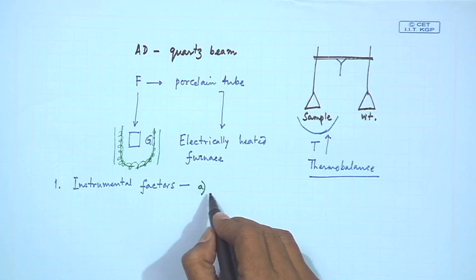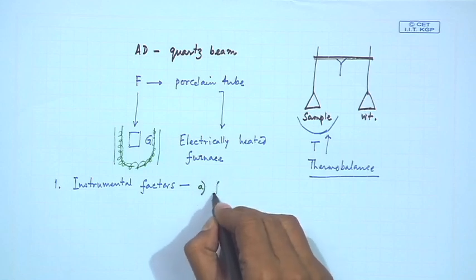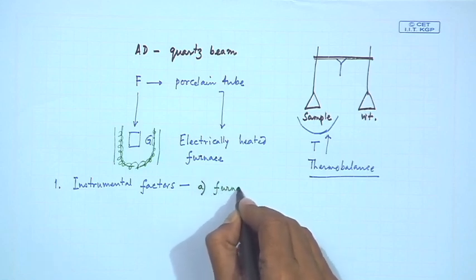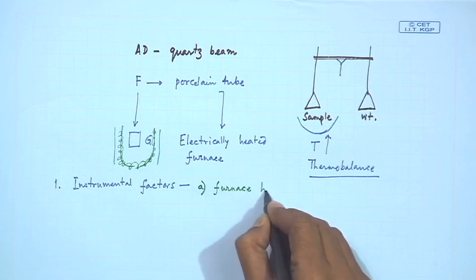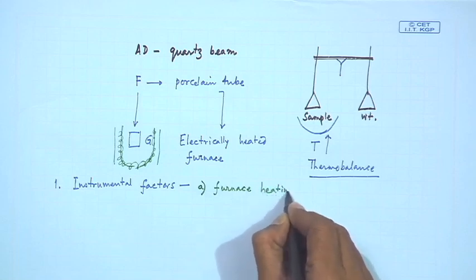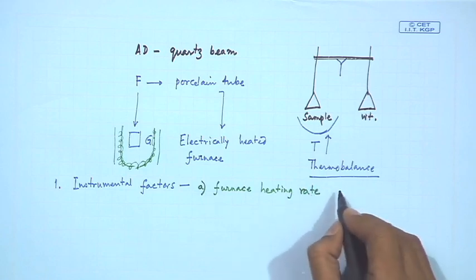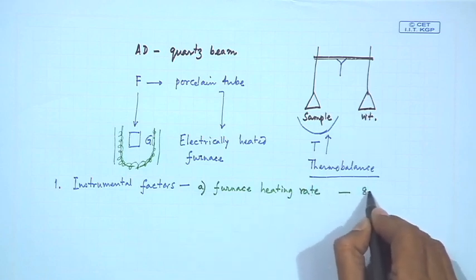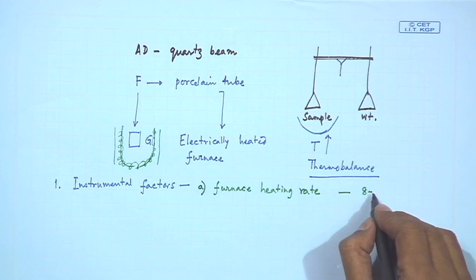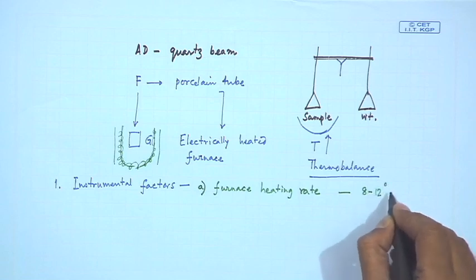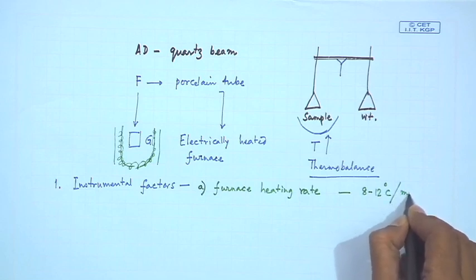So, this instrumental factor is the furnace heating rate. This furnace heating rate is important, and most of the time, even from Honda's time, it is in the range of 8 to 12 degrees centigrade per minute.